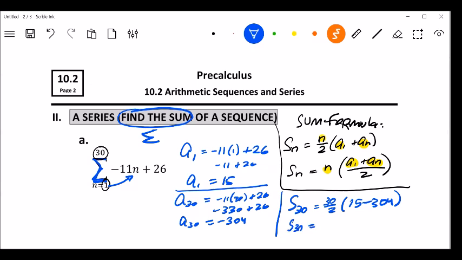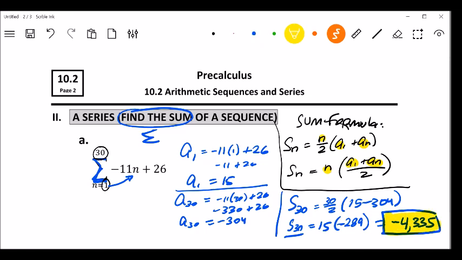So the sum at 30 is 15 times the quantity 15 minus 304, which is negative 289. That's equal to negative 4,335. That would be the sum to 30 terms.